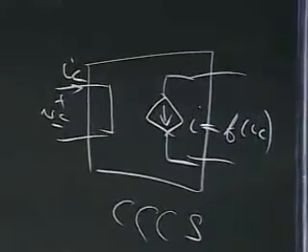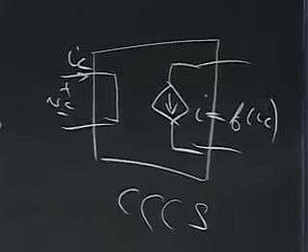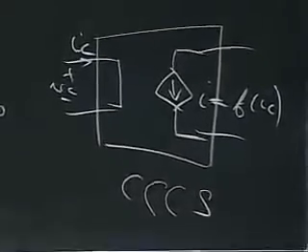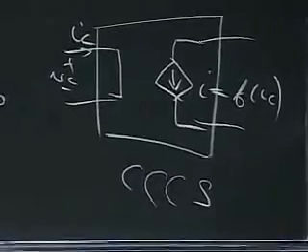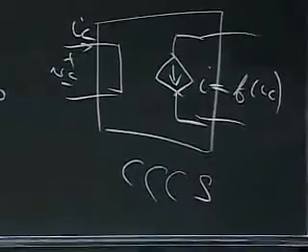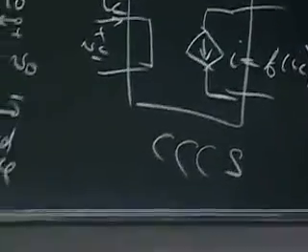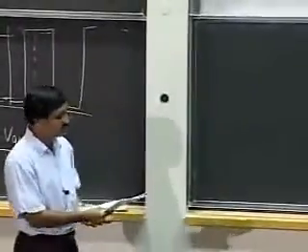And if I had lots of time on my hands and was looking to kill time, I'd sit around drawing for you other types of dependent sources. I would draw for you a current-controlled voltage source, and I could also draw for you a voltage-controlled voltage source. So that's an abstract diagram for such a source.